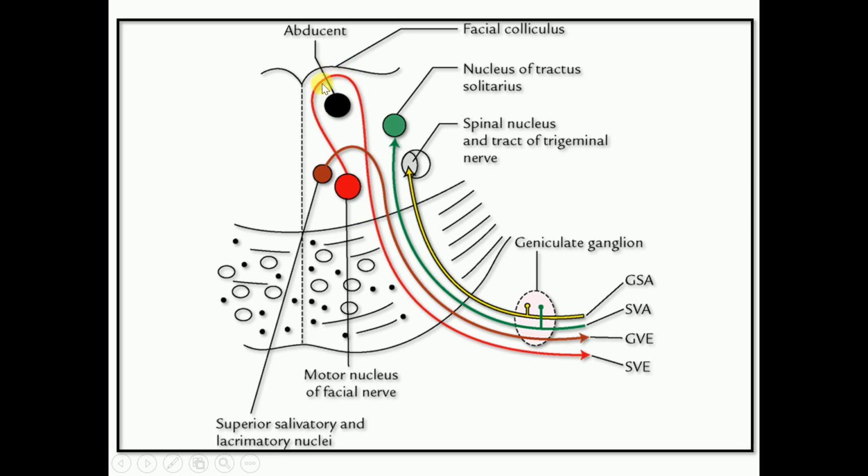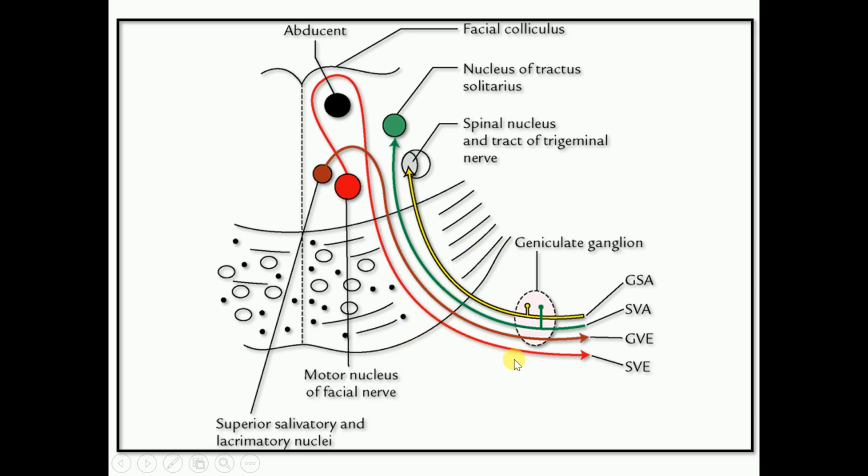So this abrupt turning forms the internal genu of the facial nerve, and that portion causes an enlargement within the floor of the fourth ventricle as the facial colliculus. Then motor fibers of the facial nerve pass through the caudal portion of the pons and finally come out at the pontomedullary junction, from the lateral part of the pontomedullary junction between the olive and inferior cerebellar peduncle.